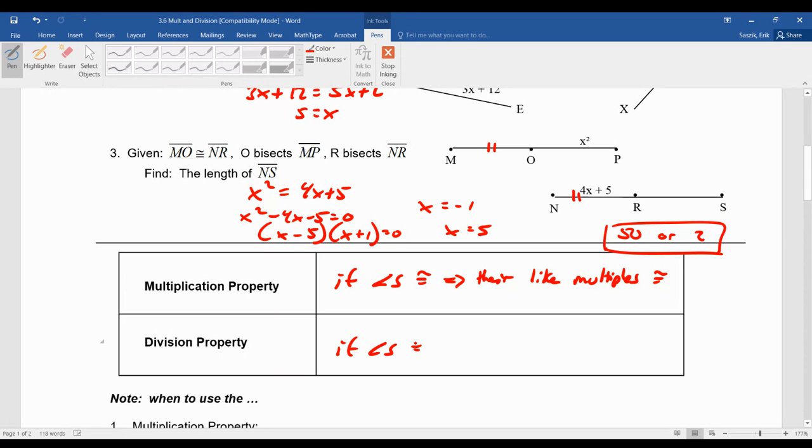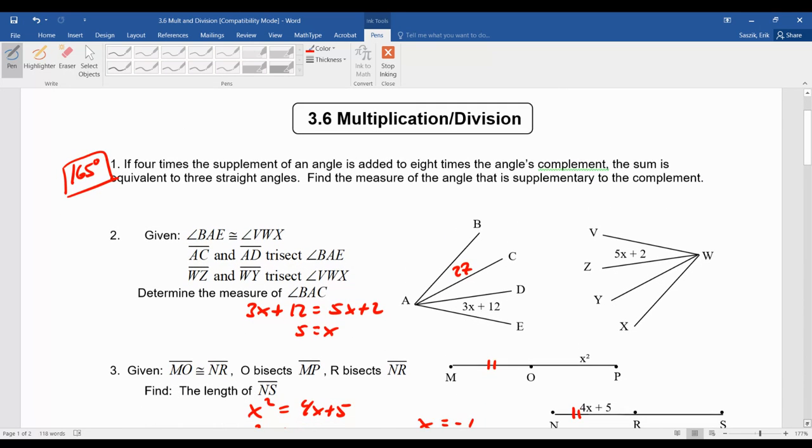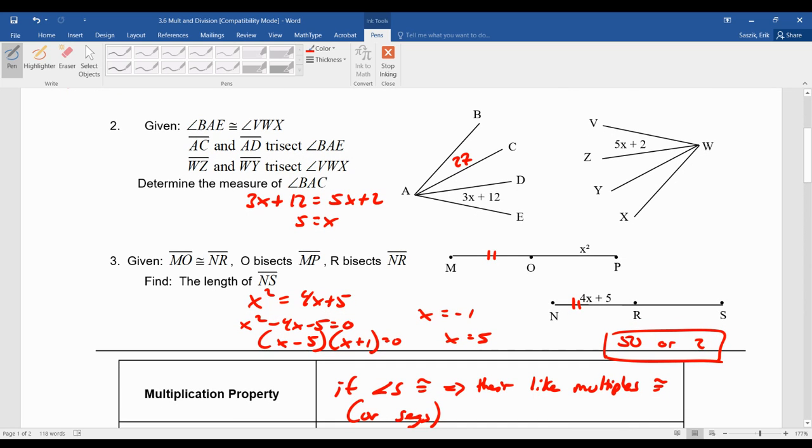If angles are congruent, then their like divisions are congruent. Now, this also works, both of them, with segments. So if you look at this, this first one that we did earlier, this is what we call the division property. You see, we were given that this whole angle was congruent to this whole angle.